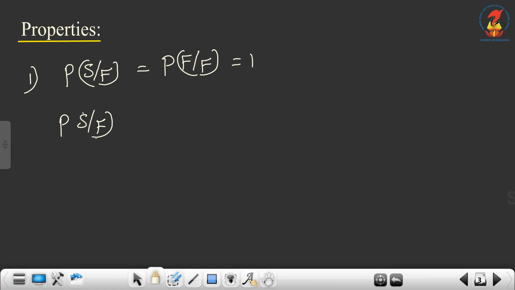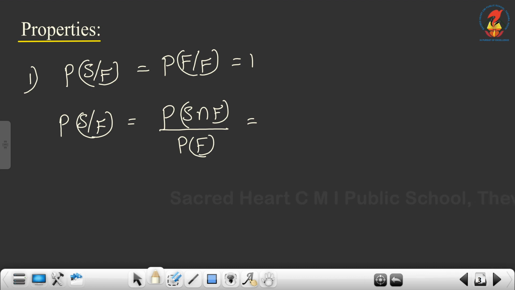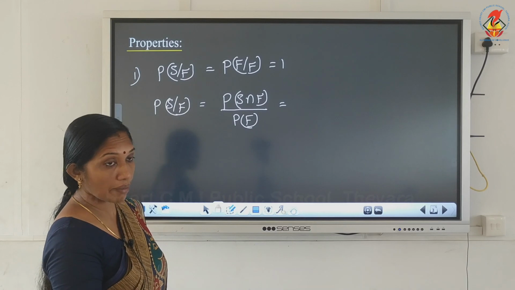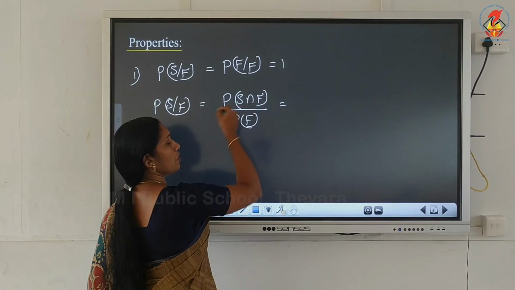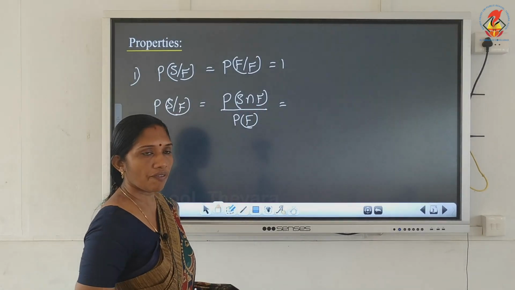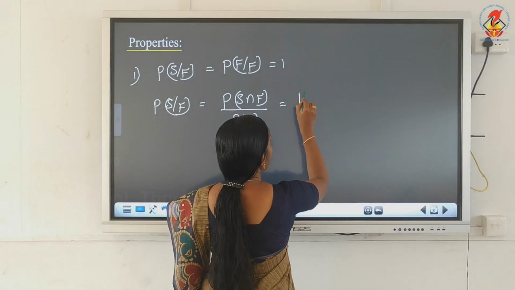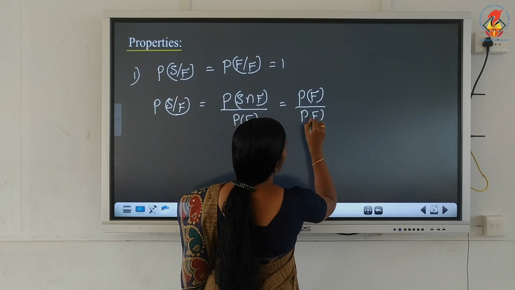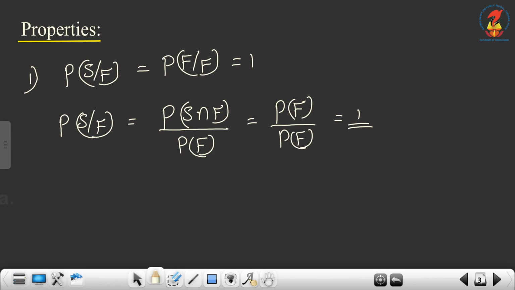S given F. By the definition, S given F is same as S intersection F by P of F. And we know that F is a subset of the sample space. F is an event, it is a subset. So, F is a subset of this S means S intersection F is F itself by P of F. So, that is equal to 1.